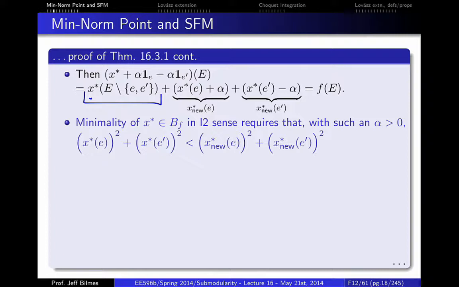So the only way that loss of minimality could occur is if the two component sums of the new vector have to be strictly greater than the two component sums of the old ones before they were adjusted. Again, alpha is strictly greater than 0. That's the definition of depth. Okay?